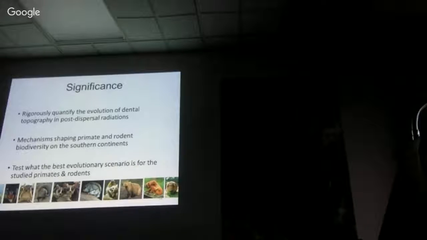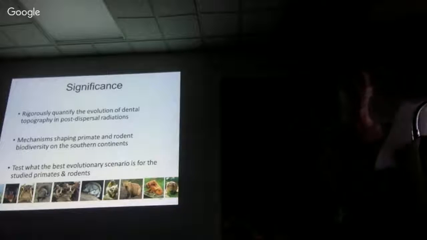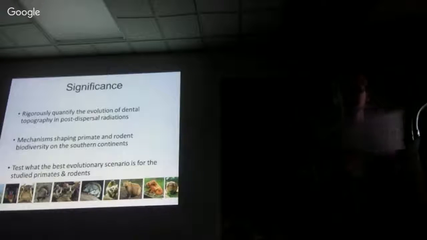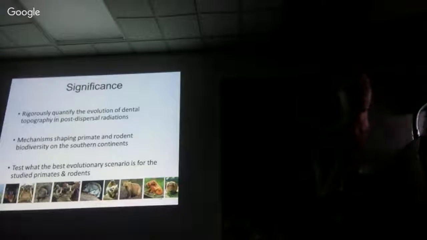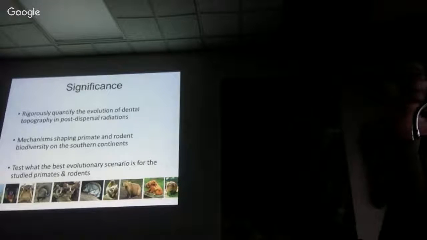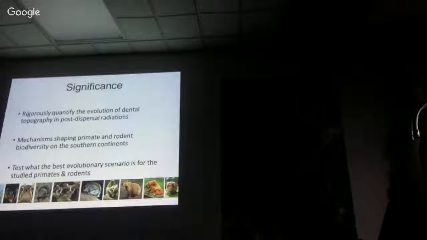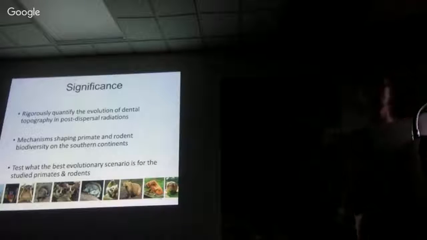Okay, this dissertation will be the first to rigorously quantify the evolution of dental topography in post-dispersal radiations of primates and rodents. And this will allow me to quantitatively test for differences and similarities in the mechanisms that shape primate and rodent biodiversity.